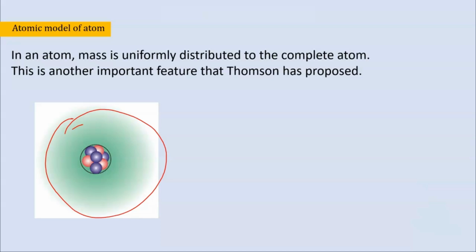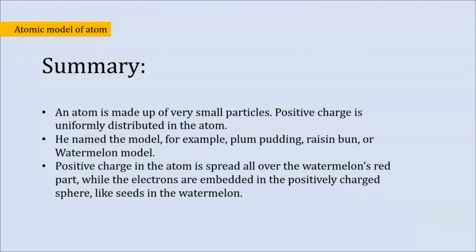So this is the very important feature told by J.J. Thomson. Right, so in this session we have learned what an atom is, what particles are present, and how the Thomson model is named the plum pudding or watermelon model.